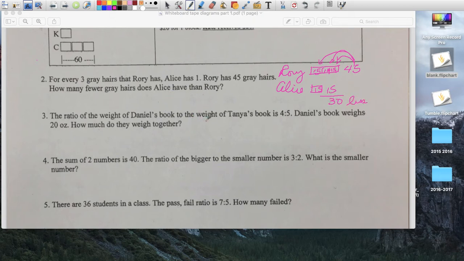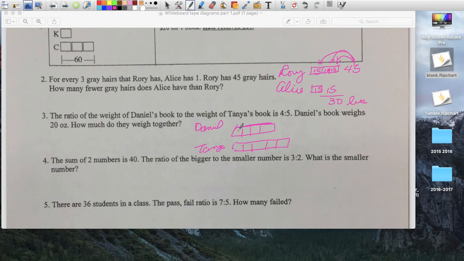Ratio of Daniel's book to the weight of Tanya's book is 4 to 5. So Daniel is 4: 1, 2, 3, 4, and then Tanya is 5: 1, 2, 3, 4, 5. And we know that Daniel's book weighs 20.